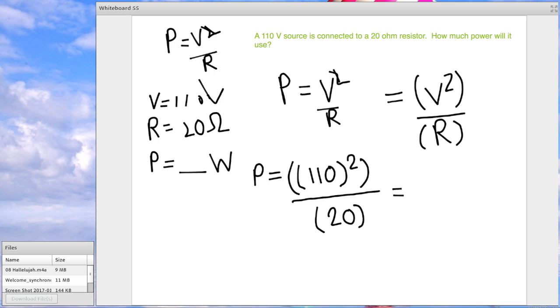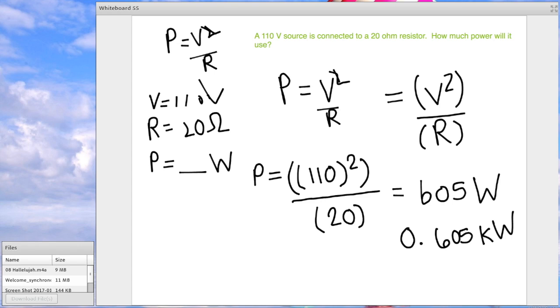So now let me put this in the calculator. And I'm going to get 605. And the units for that is watts. You could also type 0.605 kilowatts if you wanted, I guess.